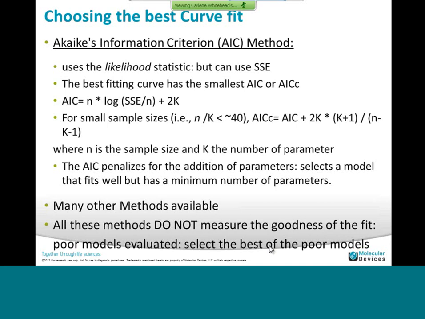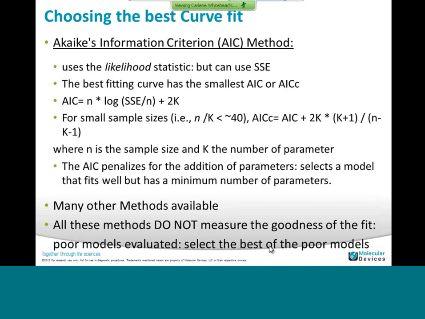If the sample size is below 40, then the equation changes slightly, and this is the equation that has been implemented in the protocol. So n is the sample size, k is the number of parameters, and because you're adding 2k, you're actually penalizing curve fits that have more parameters.